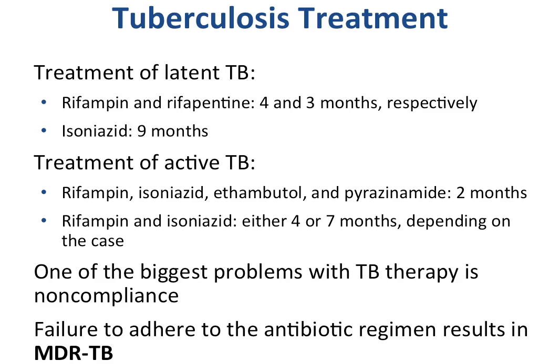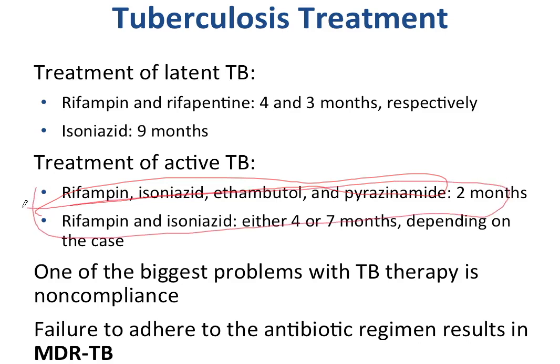This is still the first line medication for tuberculosis. Here we can see we also have some other medications to choose from. Actually, those medications have very good efficacy to cure tuberculosis.